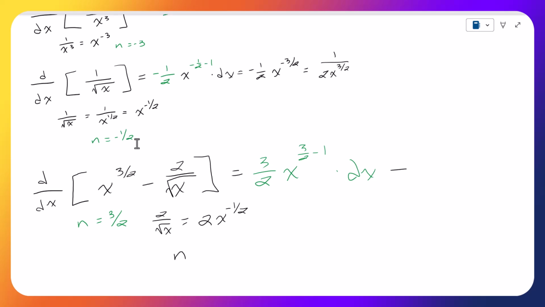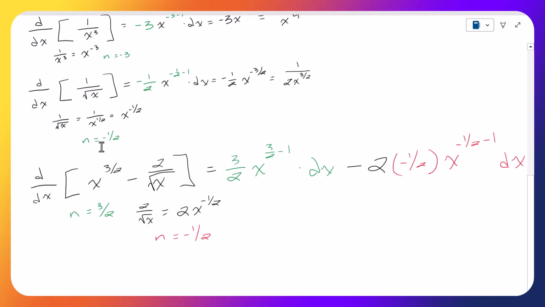N equals -1/2. Let me choose red for this one. N equals -1/2. And so now we have minus 2 times -1/2 x to the -1/2 minus 1 dx.